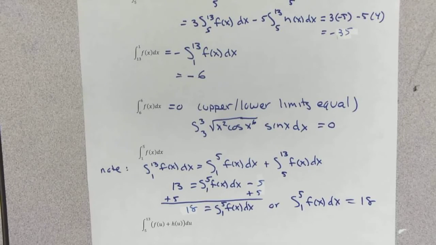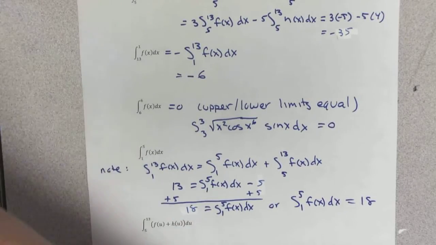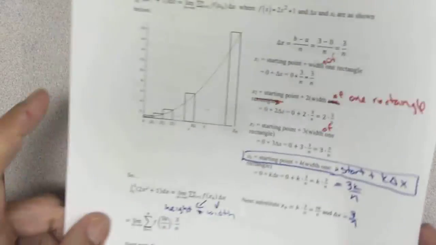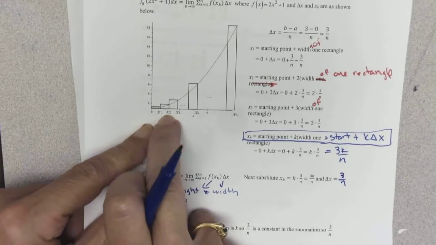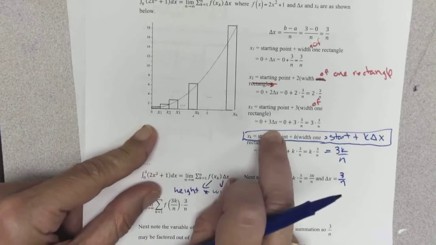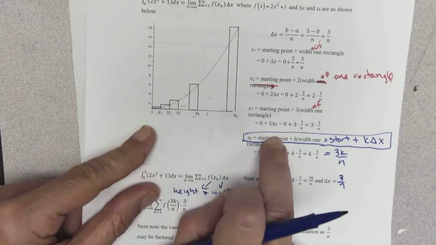Then the last one, 5 to 13 of f of u plus h of u du. The point here is what I call the variable I choose to use. It doesn't matter. If I go back to my little picture, I would have gotten the same answer whether I called this x1, x2, x3, or if I called it u1, u2, u3.